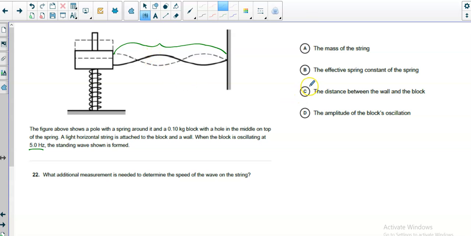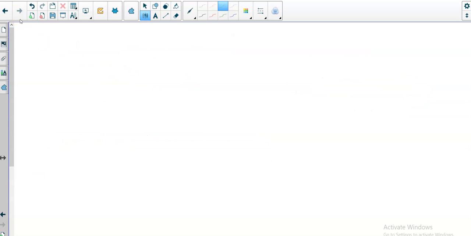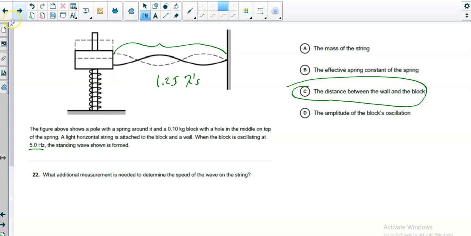So I could do it with the distance between the block and the wall. If I knew that, and I know that I have 1.25 waves, and I know this length, I could divide to get that. All right, and that's it.